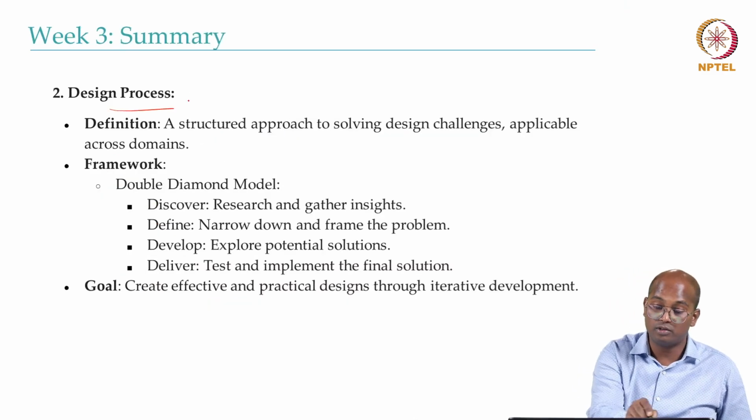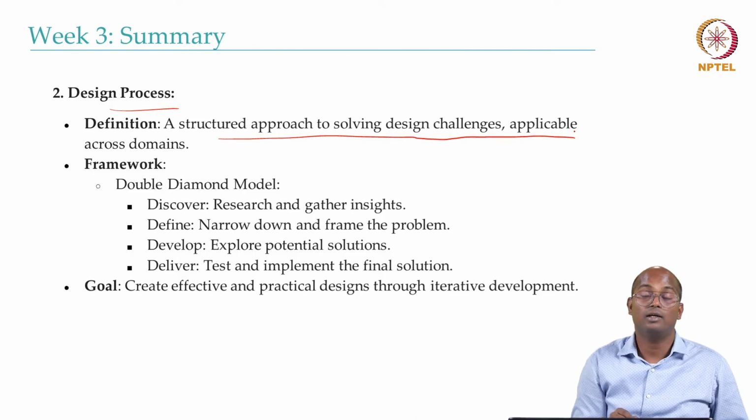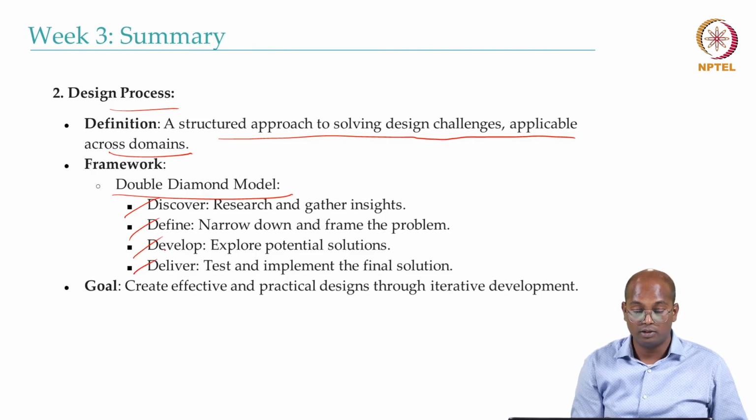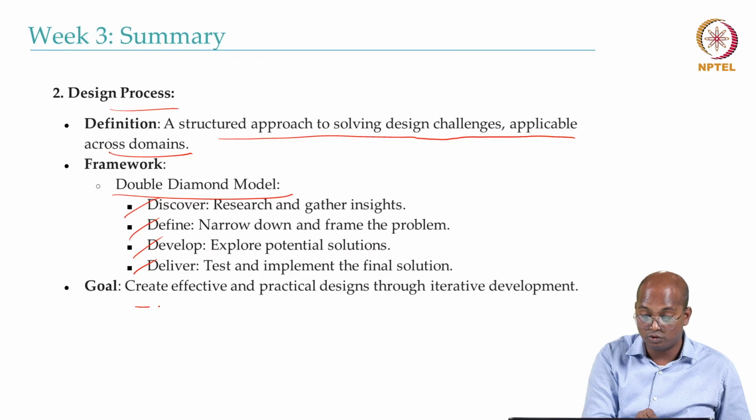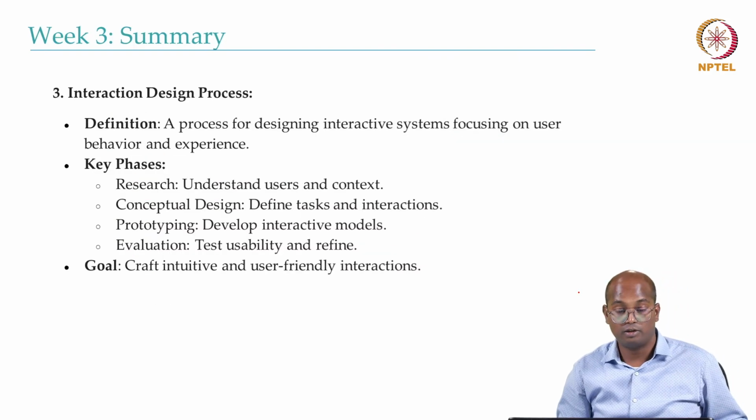And the design process is a structured approach to solving design challenges, applicable across domains. The framework we use is the double diamond model, which includes discover, define, develop, and deliver. The goal is to create effective and practical designs through iterative development.